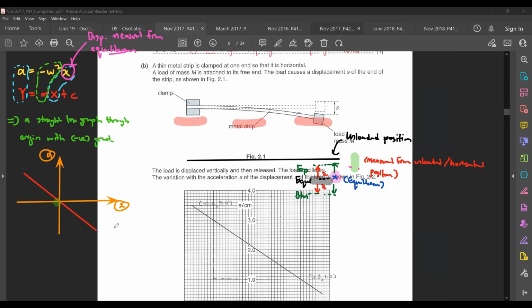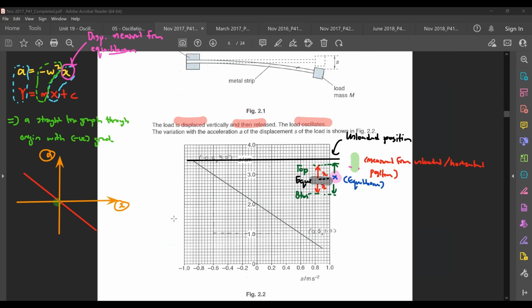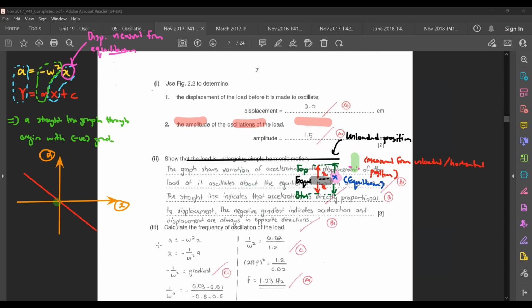This one is actually referring to the equilibrium position. Let me just try and word it out here. If they say to find out the displacement of the load from the unloaded position, the displacement they're talking about is from the unloaded position before it's made to oscillate.